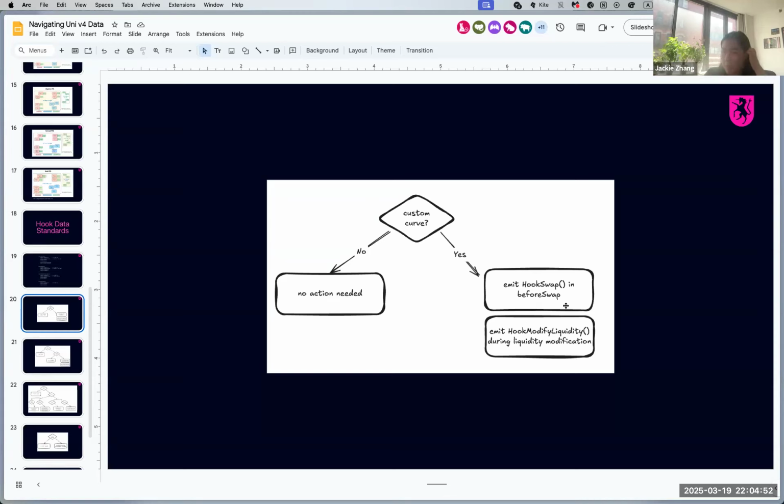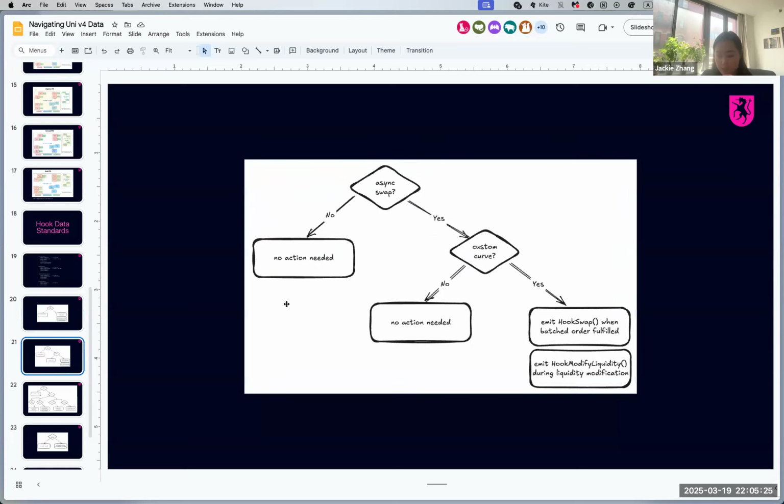It can actually be afterSwap if it so happens, but usually it's beforeSwap. And then during the liquidity modification stage, wherever they do that, they should also emit a hook modified liquidity event. That way you can see the volume and the LP fee being charged, and you can also understand the liquidity changes for this hook and for the pools associated with this hook. So that's on the custom curve side.